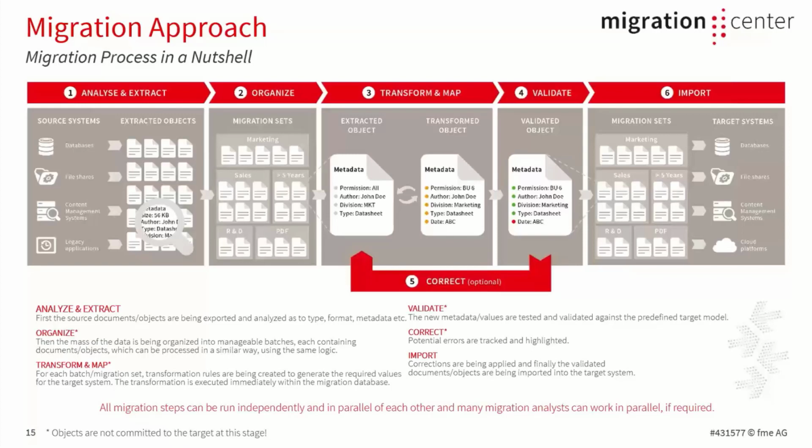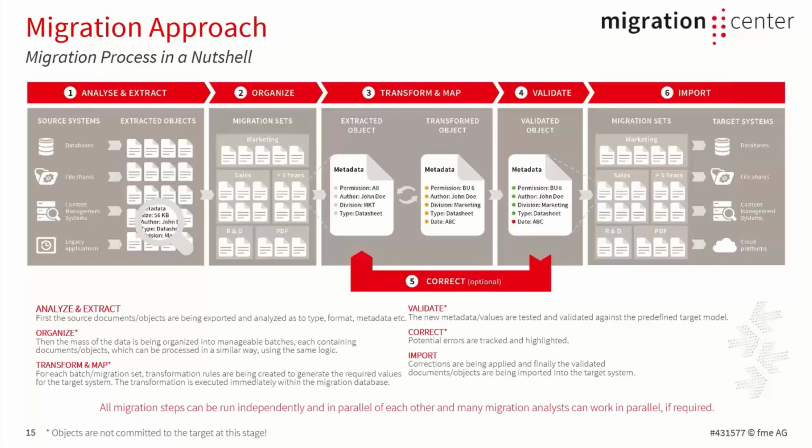And then we have transform, validate, and correct. This is like a circle here because Migration Center works like this: you create some transformation rules, and this is basically an attribute mapping, right? You say, okay, this source attribute needs to be mapped to that target attribute. And you can also change values in the middle.